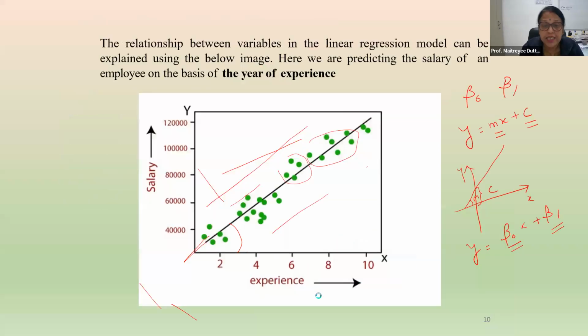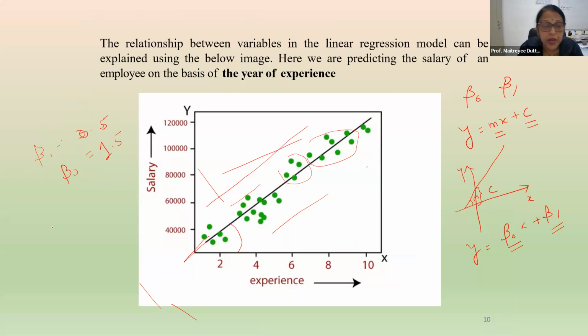Now here let us see what is yi and what is yi bar. For example, if we are drawing this line, there must be some beta naught and beta 1. Let us say our beta 1 is equal to, for example, 0.5, and beta naught is equal to, say, 1.5.